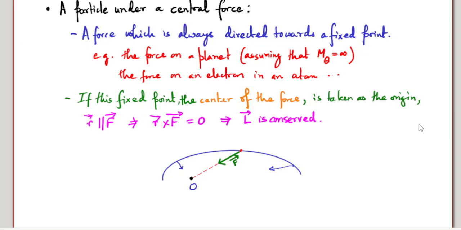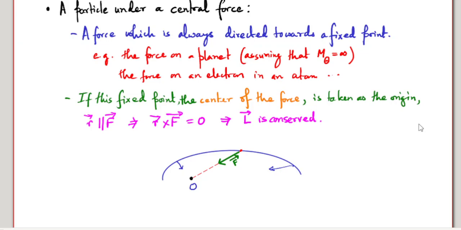But that we will talk about later. Again, the force on an electron due to the nucleus of an atom is always directed towards the nucleus, and the nucleus is way heavier than the electron, so you can at least at a first approximation treat that as stationary. So in both these very important situations, you have a force directed towards a fixed point.